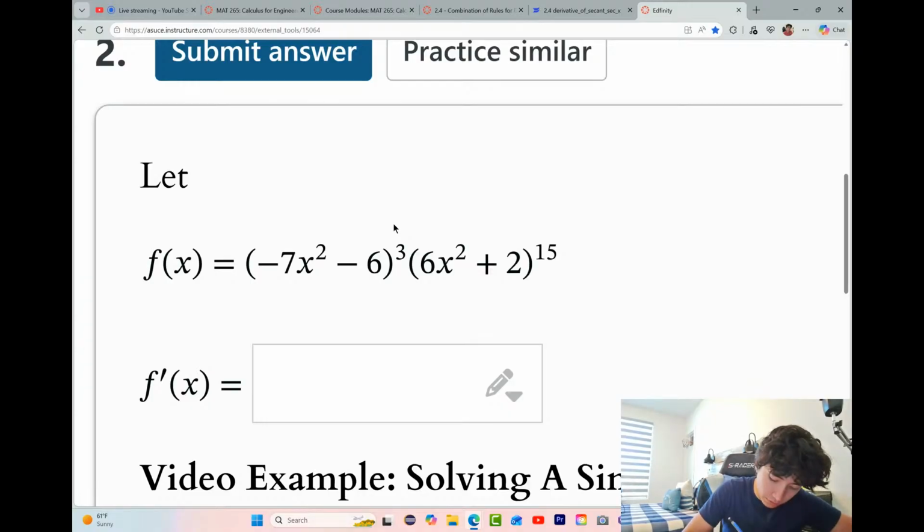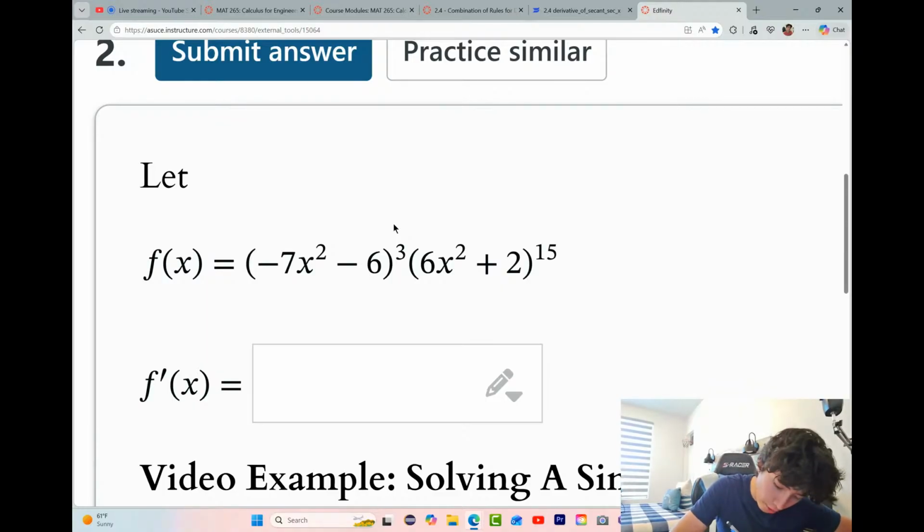Now we multiply that. So we get negative 14x times negative 7x squared minus 6, all of that to the power of 2.